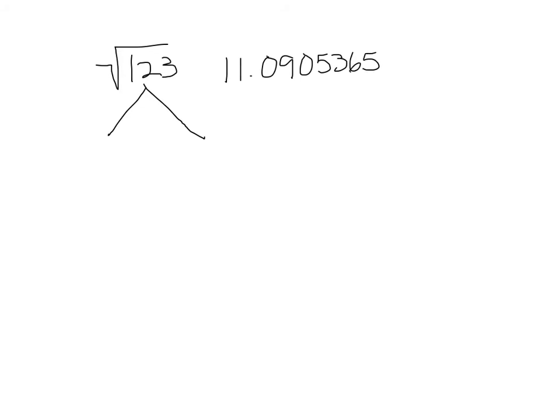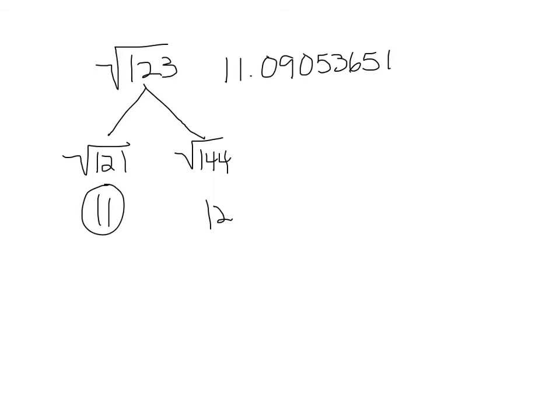Okay, so let's do some squares to get close. We know 10 times 10 is 100. 11 times 11 is 121. That's pretty close. 121, its square root is 11. And then I'm just going to go to 12. 12 times 12 is going to be 144. So I know my whole number is going to be what? 11. Good.